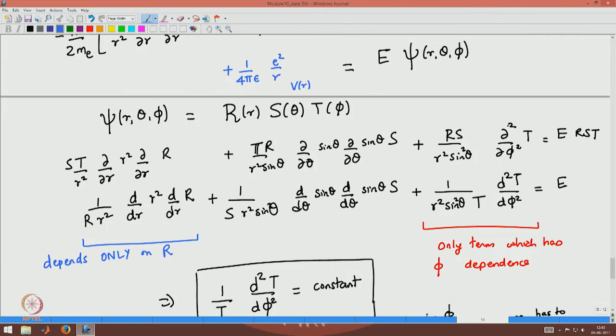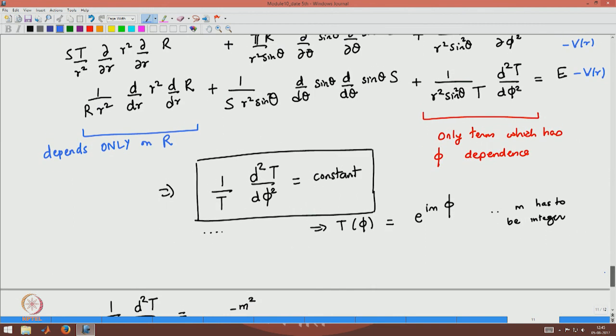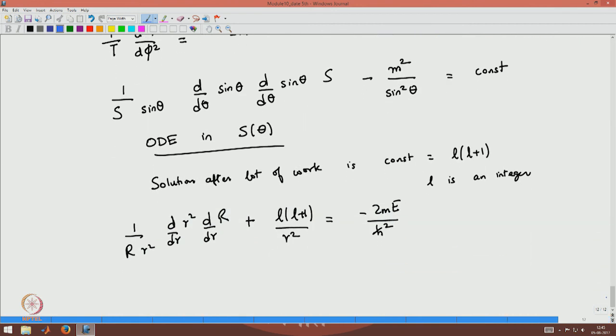I just had to carry that V of r here. It won't affect this equation, but you should have another term, E minus V of r. So that's what the equation will look like.